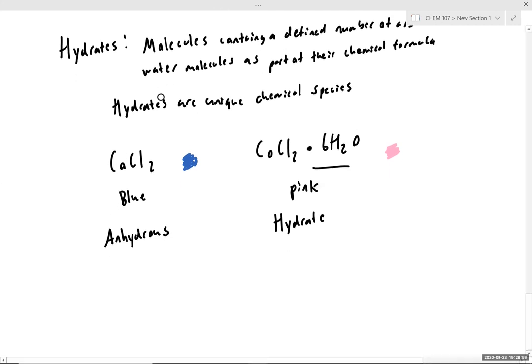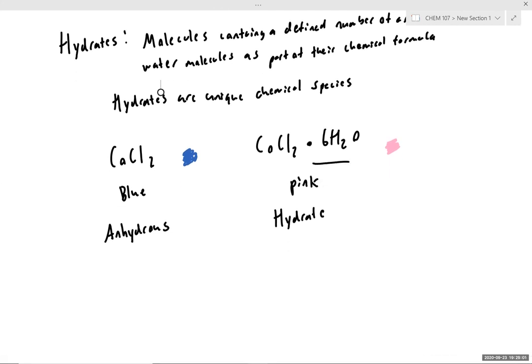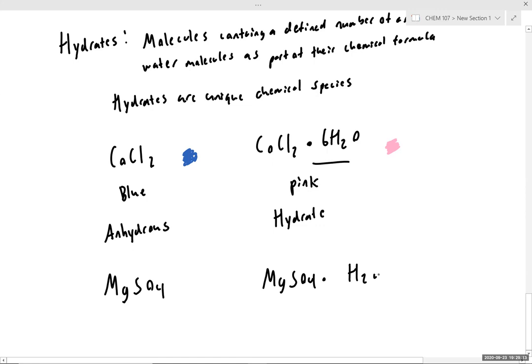Now, what we can do in this experiment is we're looking at the comparison between magnesium sulfate and magnesium sulfate hydrate. And we don't know how many water molecules are associated with magnesium sulfate.